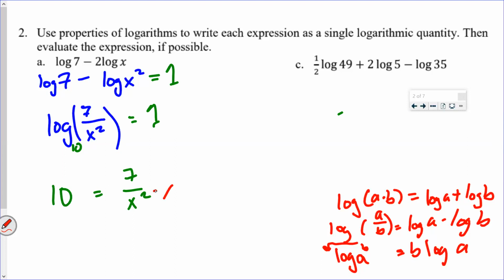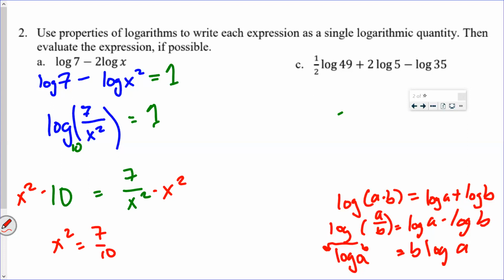I'm going to multiply both sides by x squared. I get 10x squared. Then eventually divide by 10, so I'll get x squared equals 7/10. Take the square root of that, plus or minus, will work in this case because it is eventually going to take the square of it first. It's not in the base, okay?